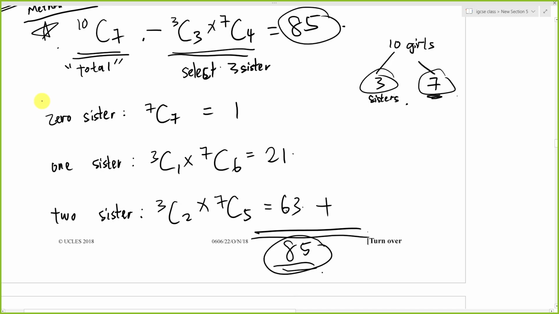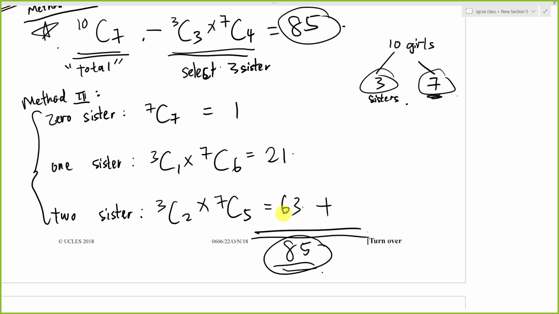Yeah, just method 2 here will be slightly longer a little bit. Just because in this case you need to add 3 of them together, and these 3 are actually quite easy to calculate. But sometimes it will take you more steps to calculate. Just consider this case, method 2 doesn't look very bad.